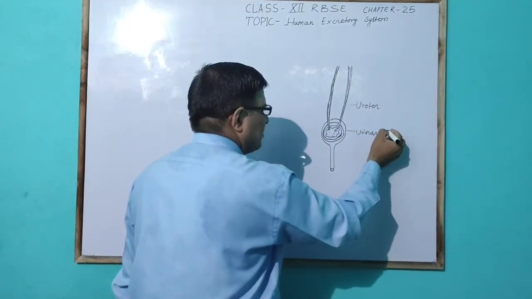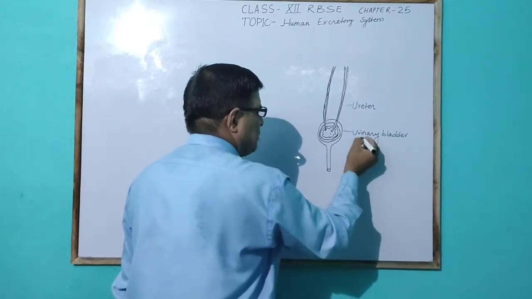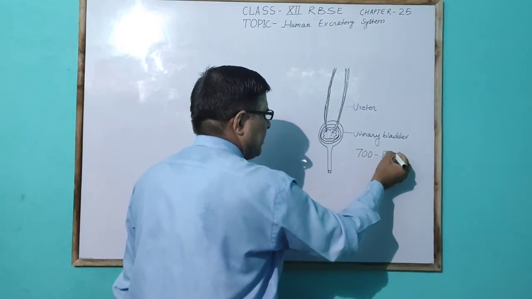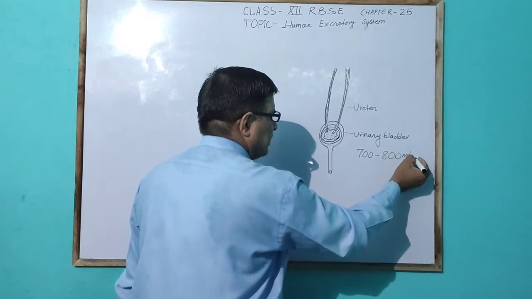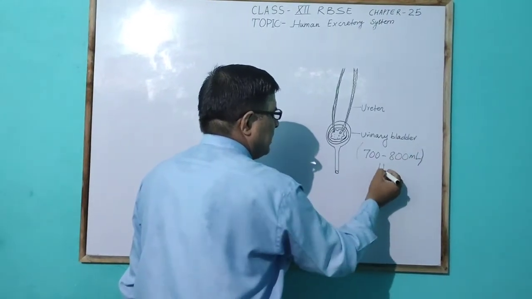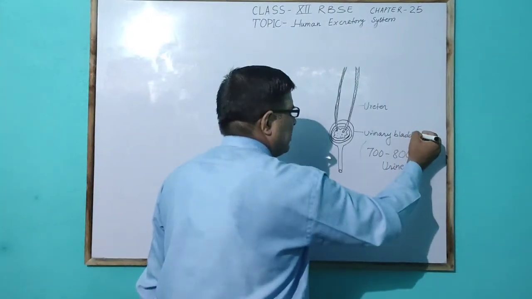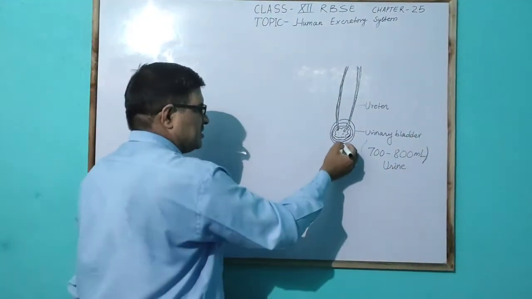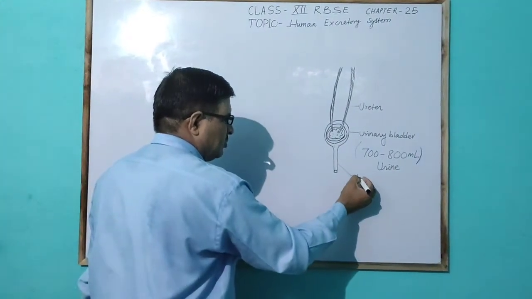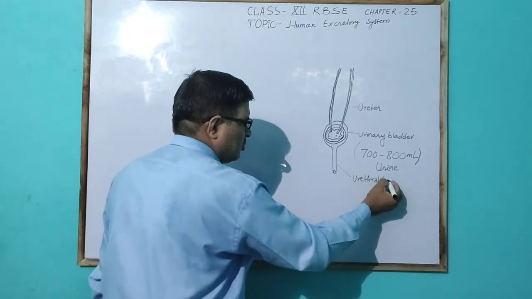This urinary bladder collects urine; in 24 hours about 700 to 800 ml of urine is collected in the urinary bladder, which opens into a tubular structure called the urethra.